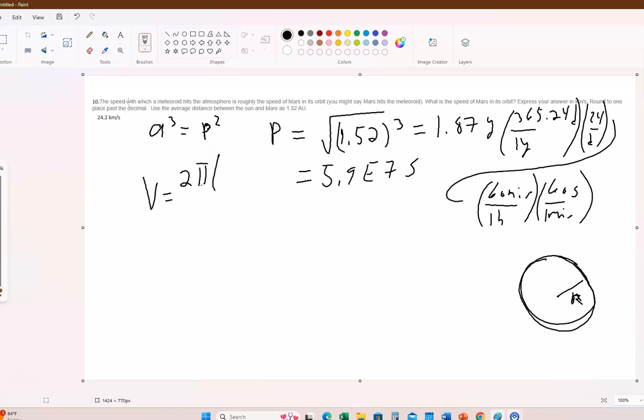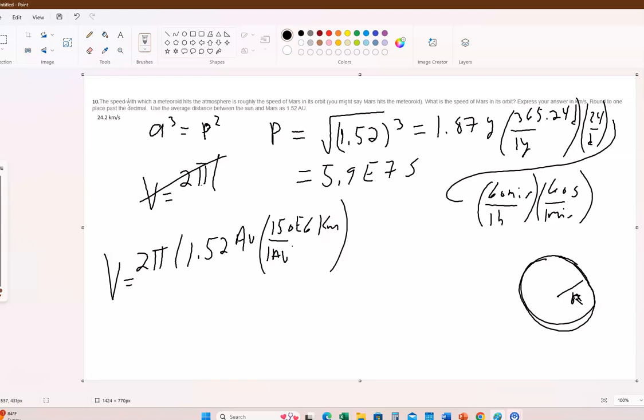So the velocity is going to be 2 pi times the radius, which is currently in astronomical units. 2 pi times 1.52 AU. But I know that in 1 AU there are 150 million kilometers, 150 times 10 to the sixth kilometers.